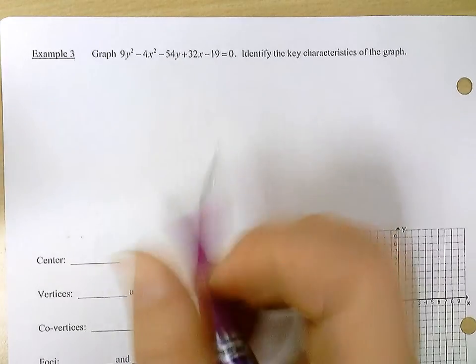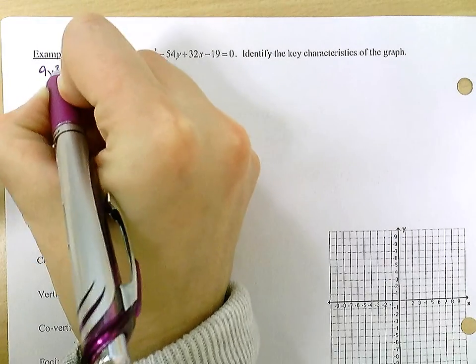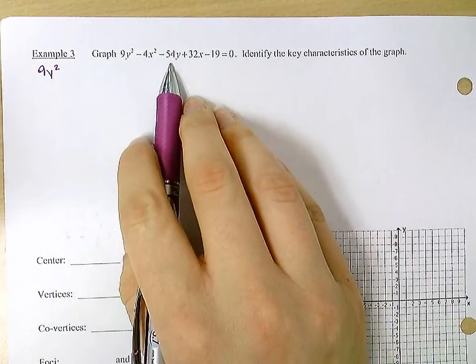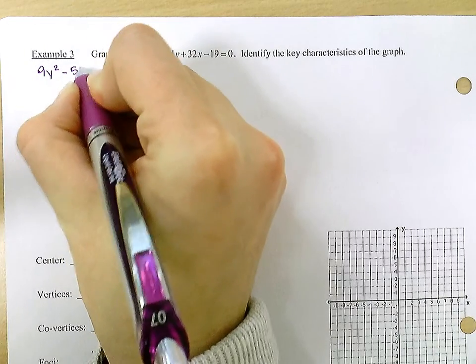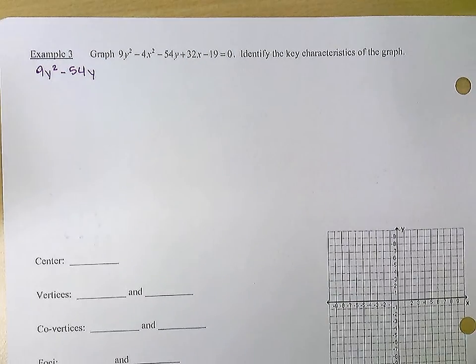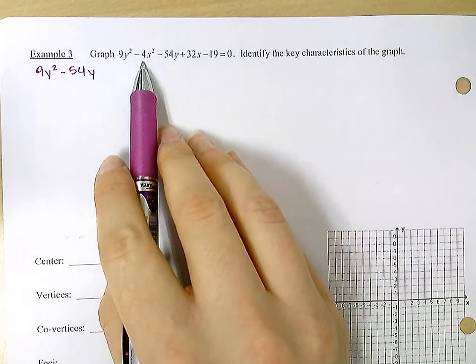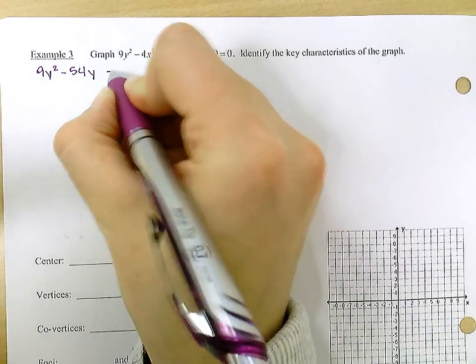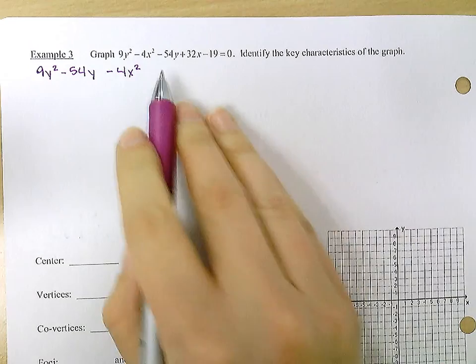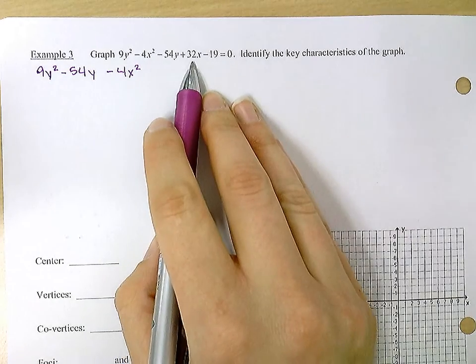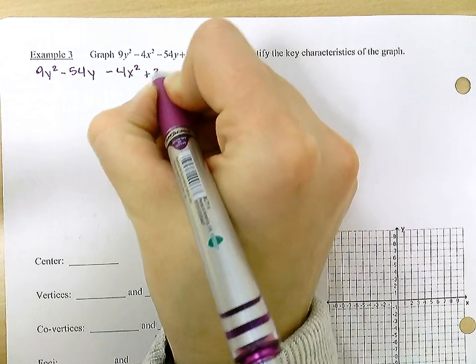So I have a 9y squared, and I have a minus 54y, so I want those next to each other. Same thing with this minus 4x squared. I want that other x value grouped with it, so plus 32x.